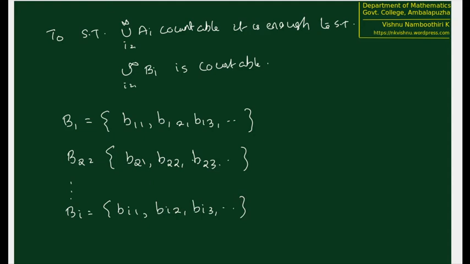Now, as in the proof of the countability of rationals, we are going to use the same technique here. Write x_n equal to the set of b_ij from the union over i from 1 to infinity of b_i, where i plus j is equal to n.